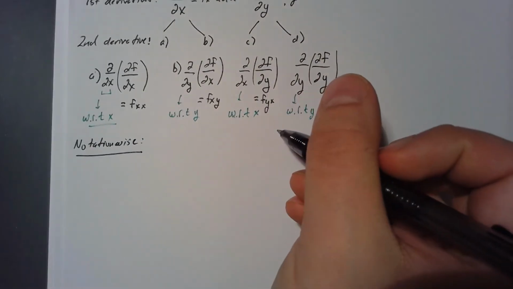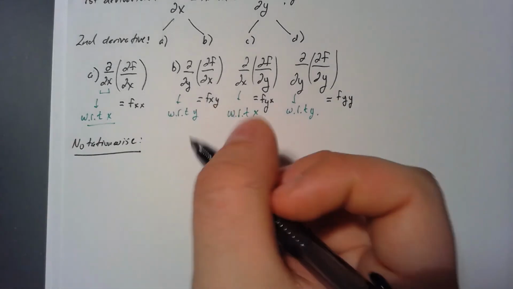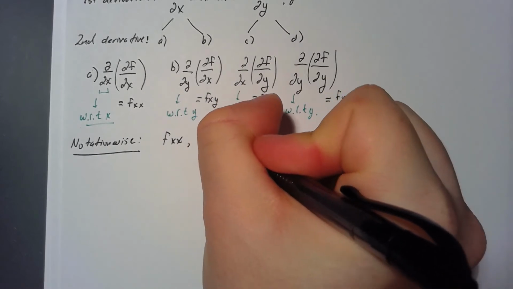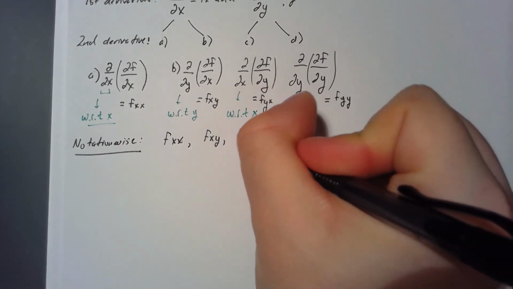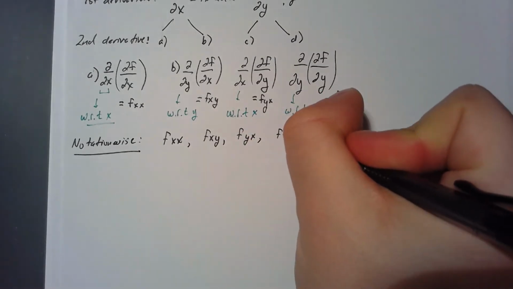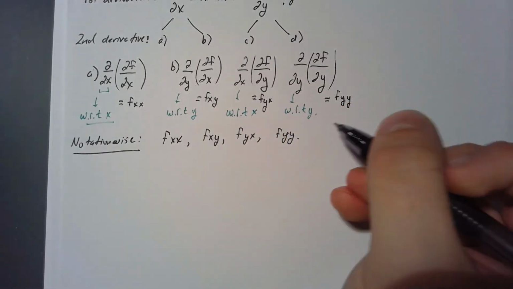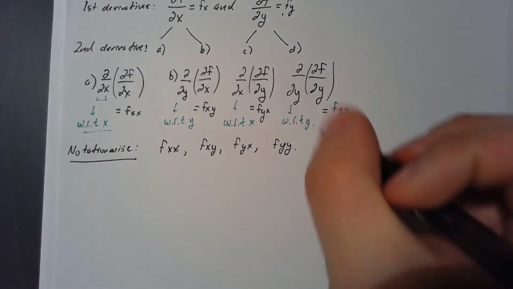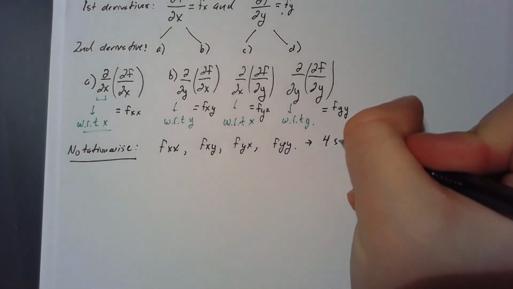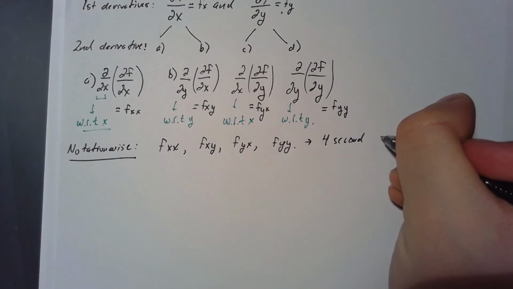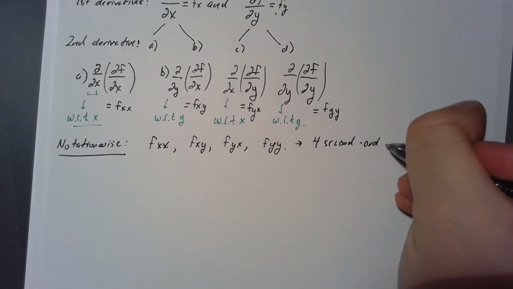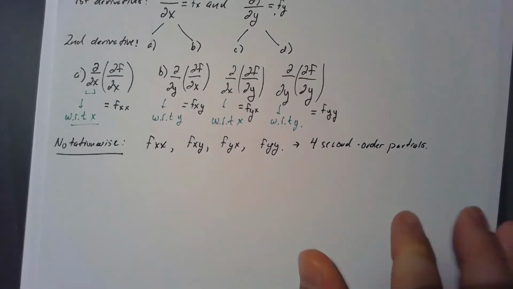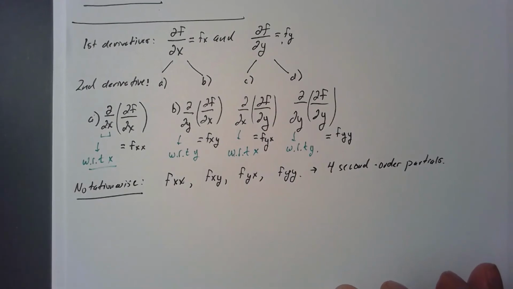So basically, notation-wise, we could write this as f sub xx, f sub xy, f sub yx, and f sub yy. Those are the 4 second order partials.